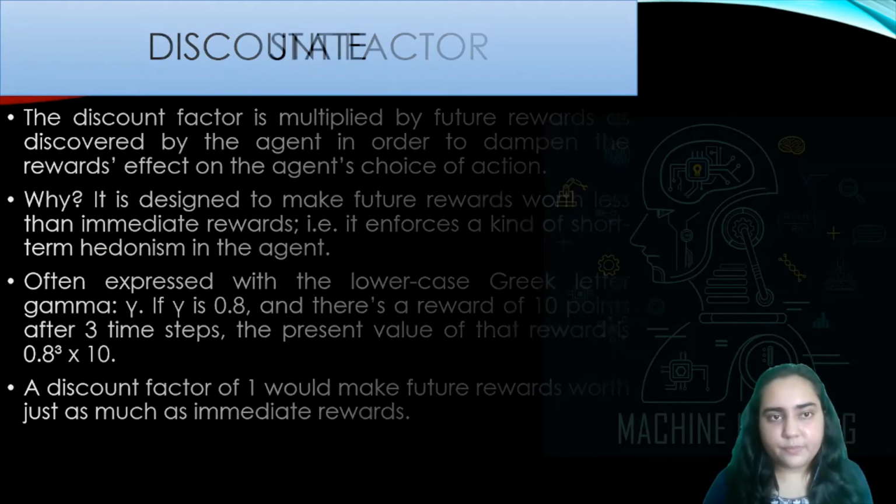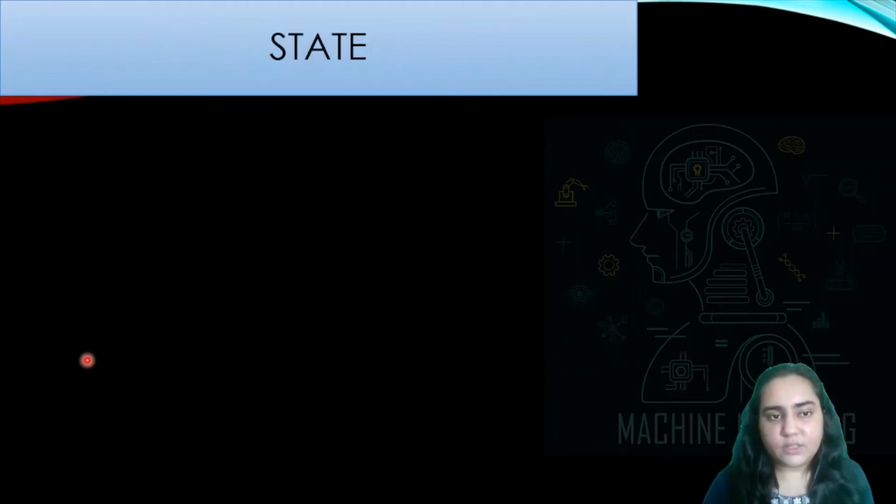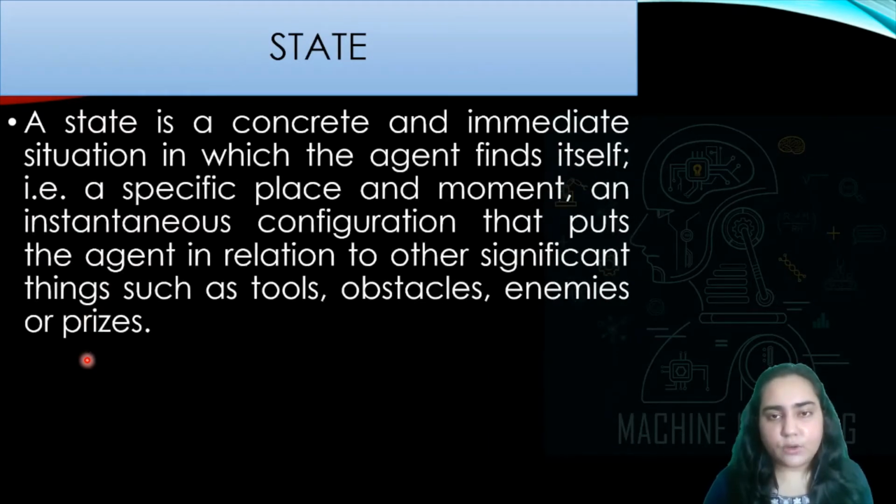The next term is state. A state is a concrete and immediate situation in which the agent finds itself. It could be a specific place or a moment, an instantaneous configuration that puts the agent in relation to other significant things, such as tools, obstacles, enemies, or prizes.